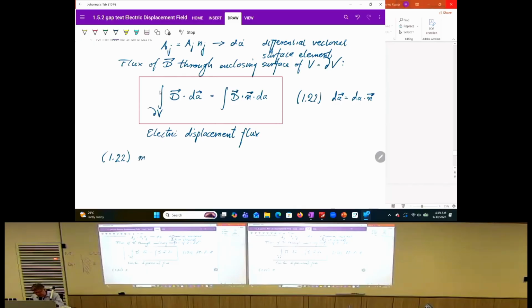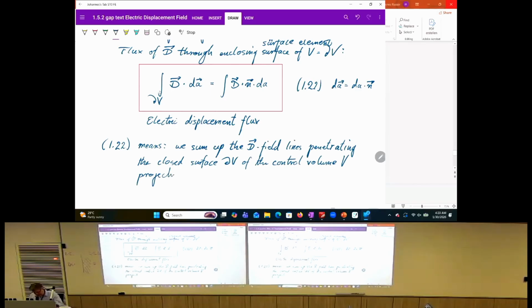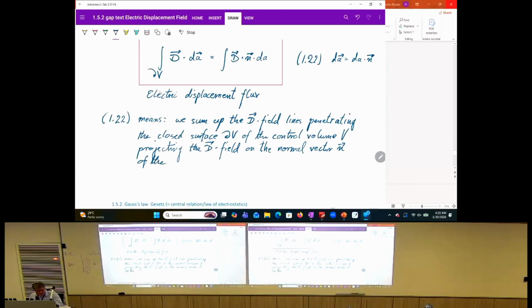You see. So this means we sum up the displacement field. So here the displacement field lines, also we can say, or the displacement fields which are penetrating the closed surface of the control volume, projecting the D field on the normal vector n of the surface at each point of the surface.